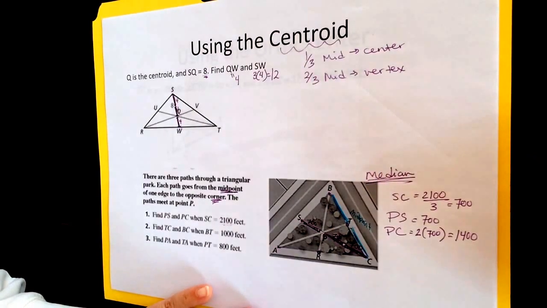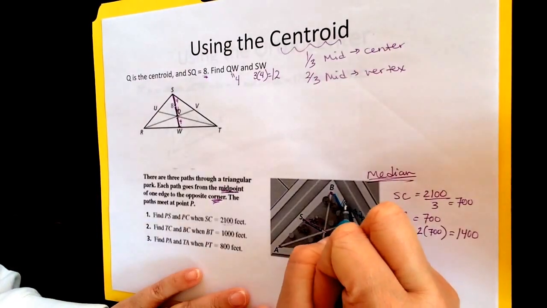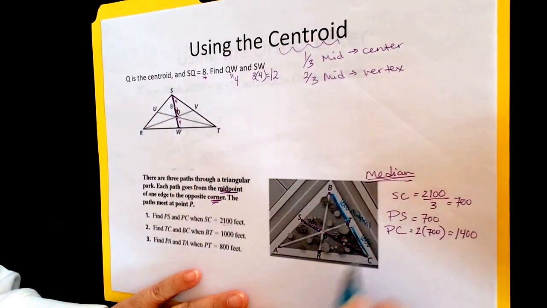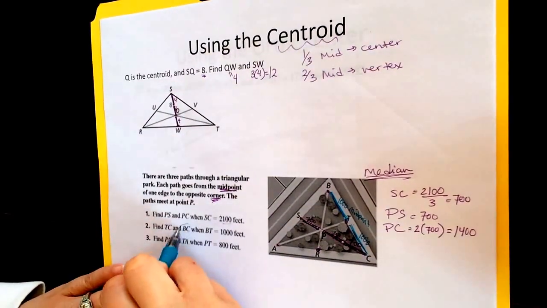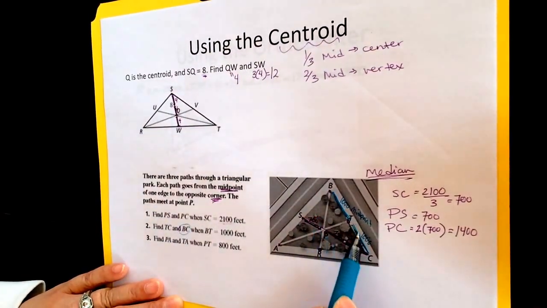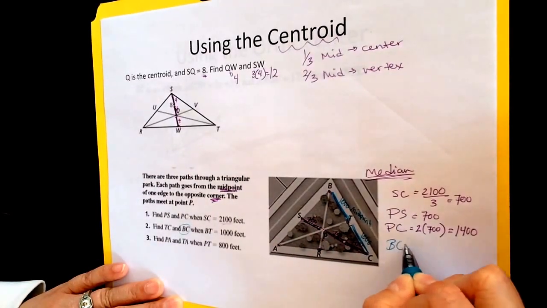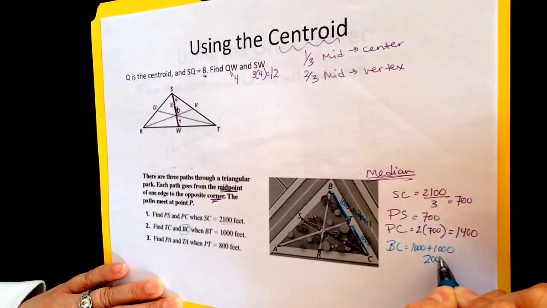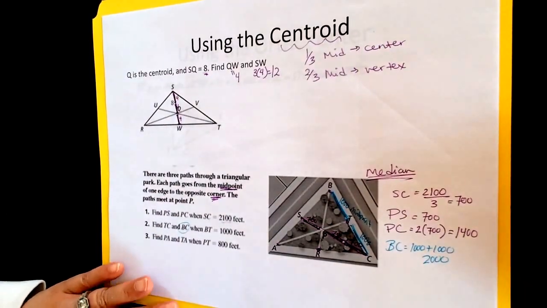Well, they're congruent, right? Because a midpoint bisects it. So if BT is 1,000 feet, then TC is also 1,000. And when they say BC, they're talking about all the way across. So BC would be 1,000 plus 1,000, or 2,000 feet.